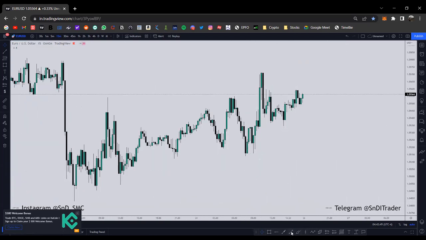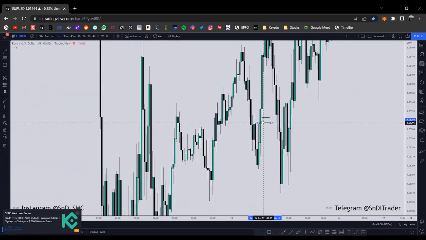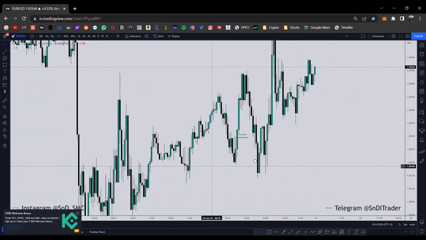So what we have, the wick closed here, and this wick is closed here. So we have a fair value gap in here. Okay, and you see the same thing here again.